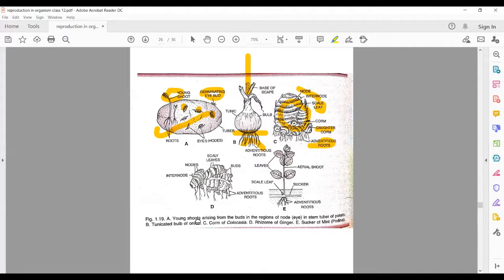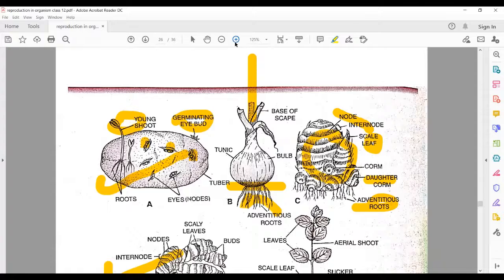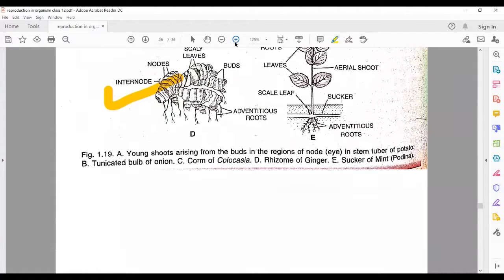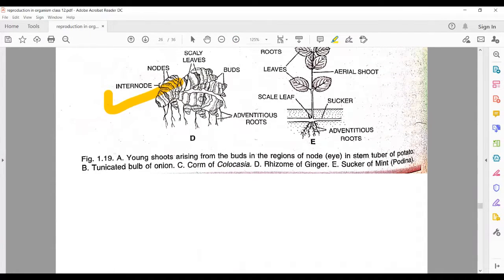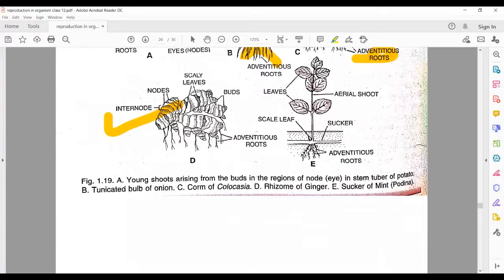So the next example which is coming on the screen is ginger. That is a ginger part. You can see a horizontal rhizome, you can say, having a lot of nodes and internodal regions. On that there are also scaly leaves present, and the scaly leaves again do not perform any photosynthesis because they don't have chloroplasts present in them.